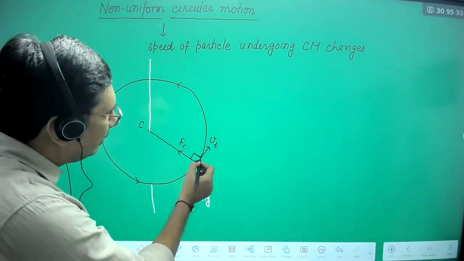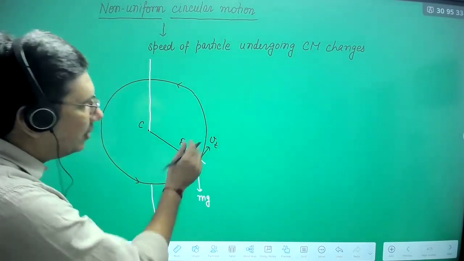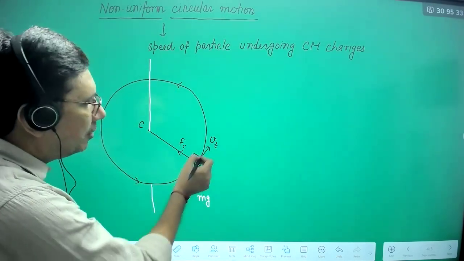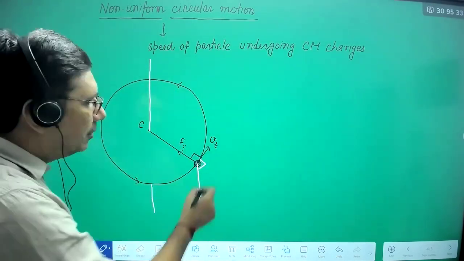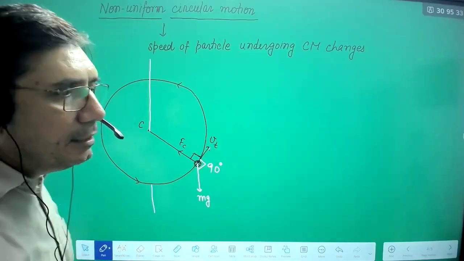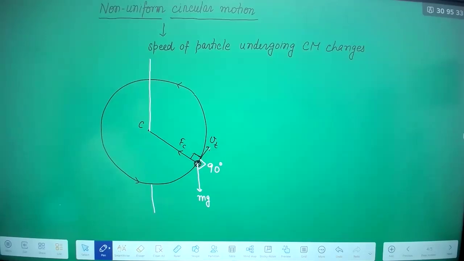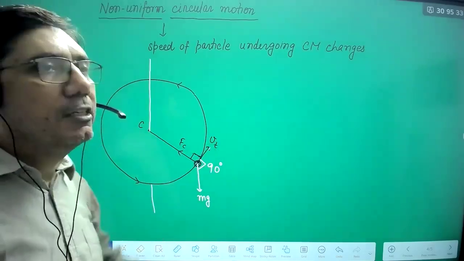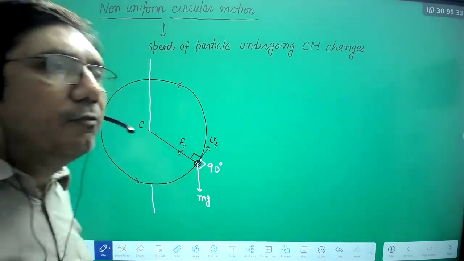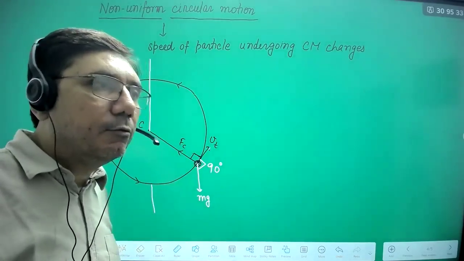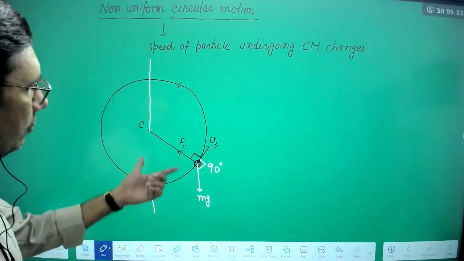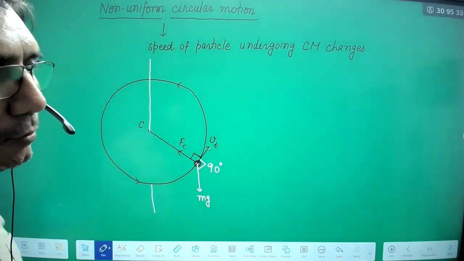But remember, this is horizontal circular motion, so the angle between this horizontal velocity and the vertically downward weight will also be 90 degrees. So this mg cannot change the speed of the particle, because both forces, the centripetal force and the weight, are perpendicular to the horizontal velocity. That's why this was uniform circular motion.